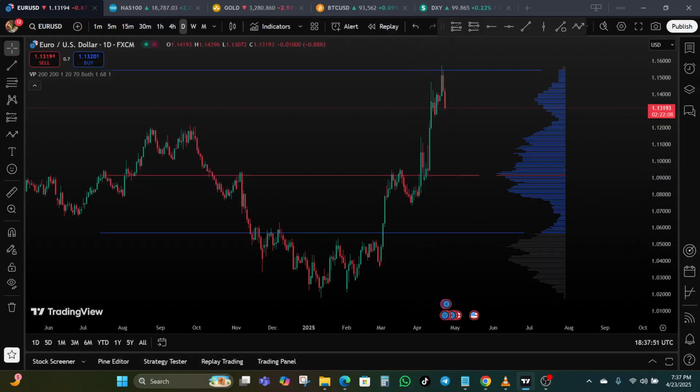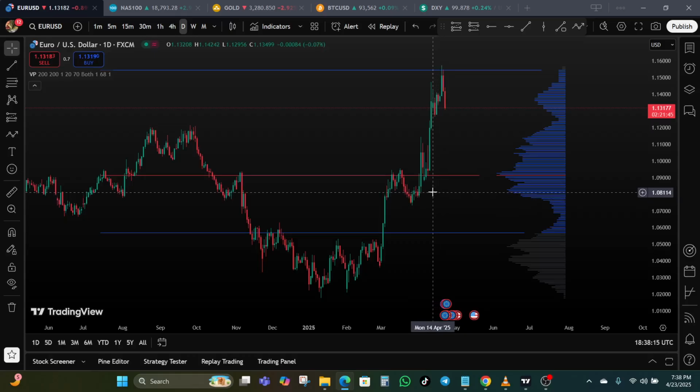Then you look for low volume areas surrounding them. When you have a high volume area, you should also look for low volume areas that surround that high volume area. The low volume areas are your zones of rejection or breakout.